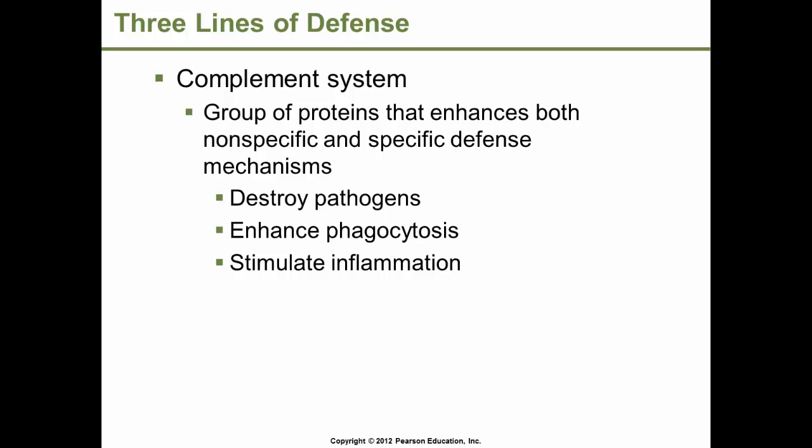Complement proteins can directly induce holes into the target cell membrane, one marked for destruction. Complement enhances phagocytosis by attracting macrophages and neutrophils. They can bind directly to the microbe, making it easier for the macrophages and neutrophils to attack and to devour this invading cell.